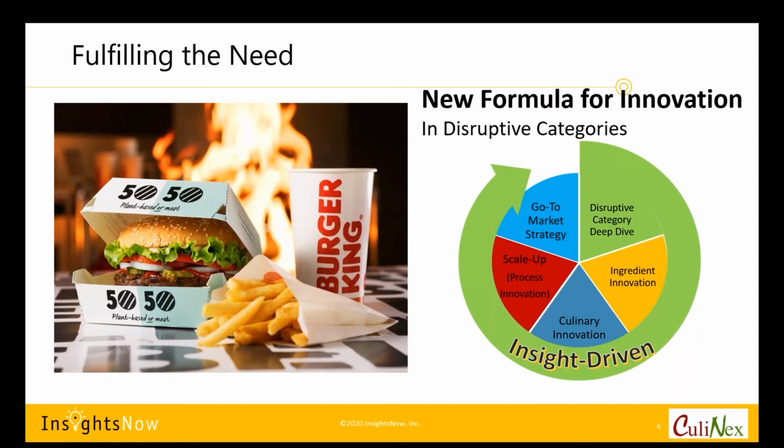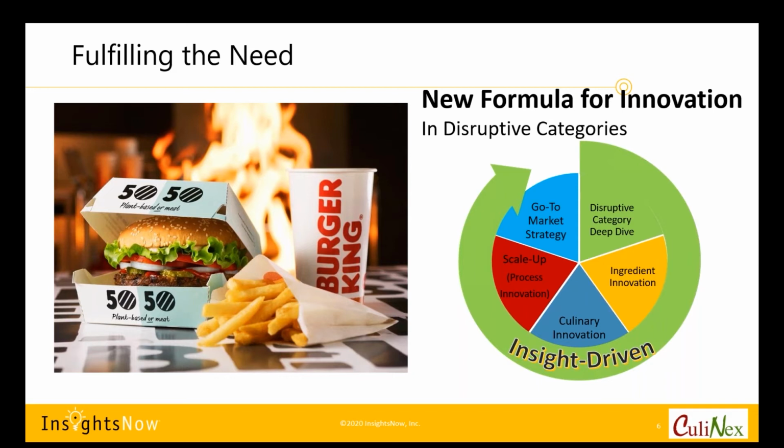So first, you have to understand what underlies the disruptive category, as we saw on slide 3. What are those motivators? What are those drivers? What's being disrupted? Where are the opportunities? So that category deep dive, that ability to look at each individual disruptive category and really understand the mechanisms underlying it is very, very important before the product development process even gets started.